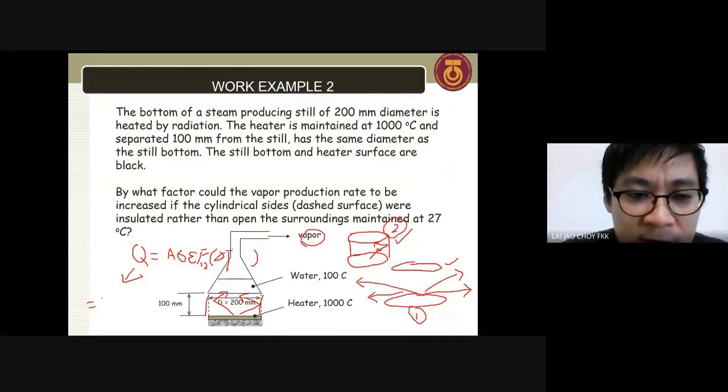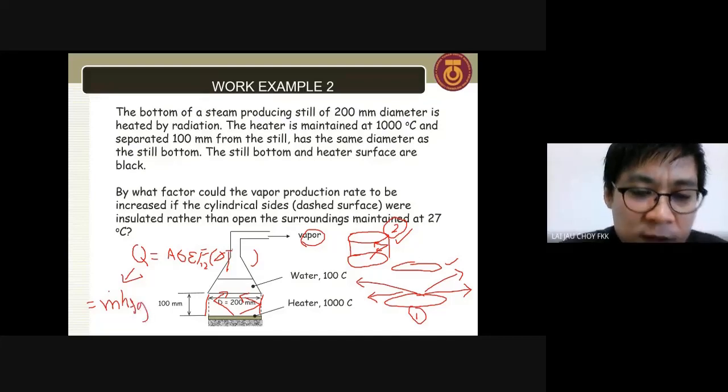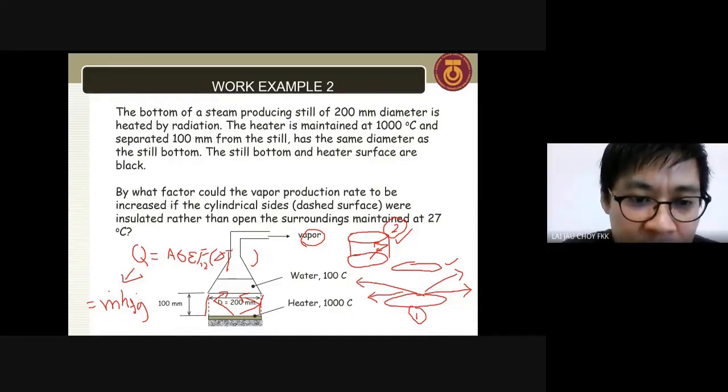So we have learned previously, Q equals, if it involves boiling, m dot h_fg. What is h_fg? It is the latent heat of vaporization of water. This one you need to get from the textbook appendix.